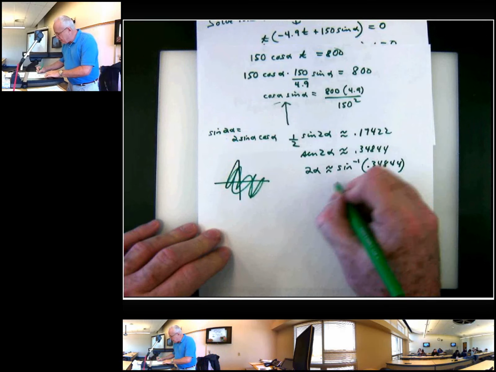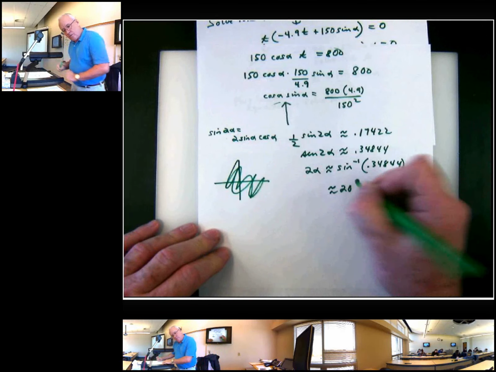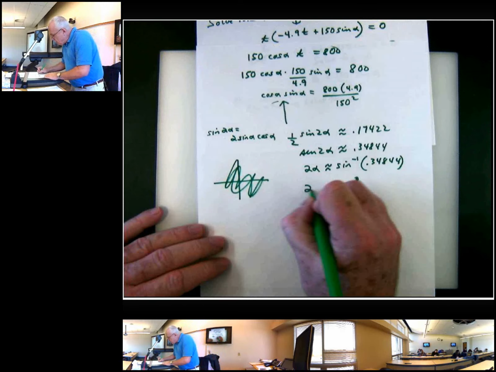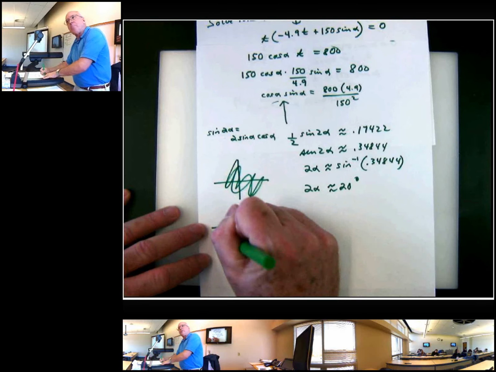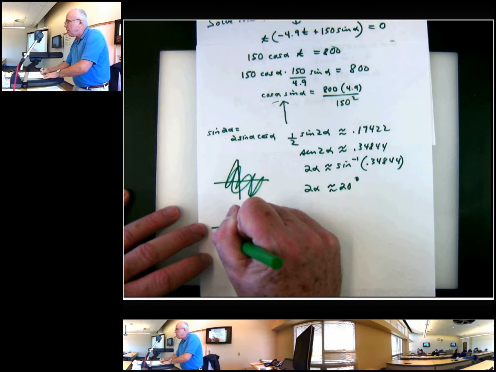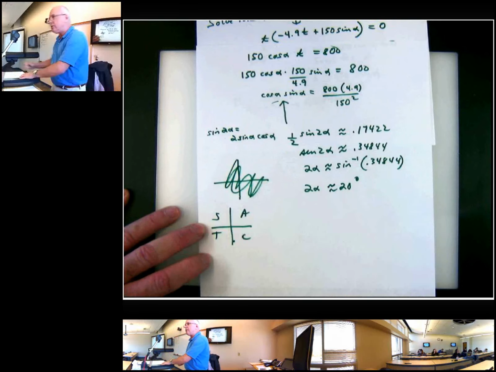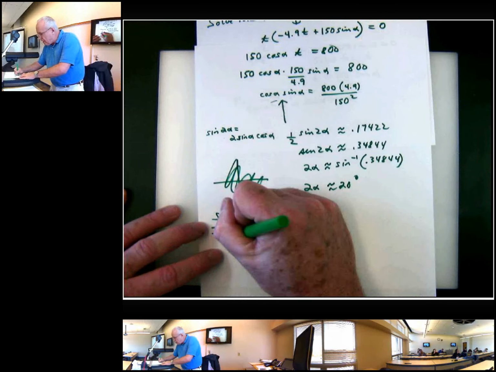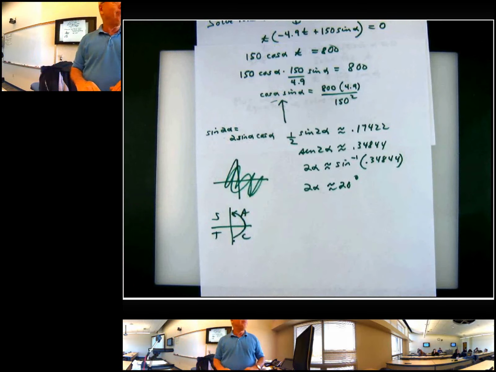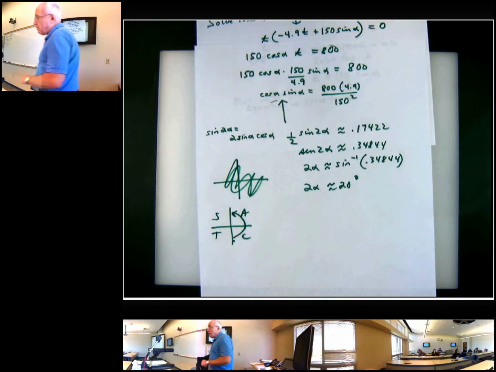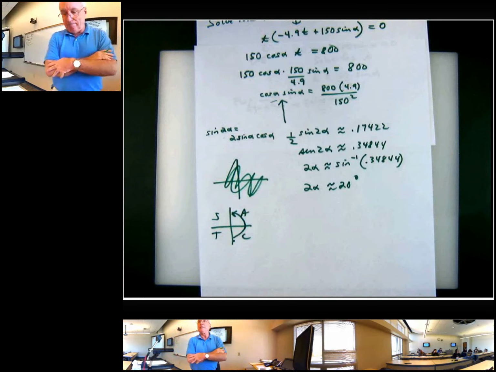This is approximately 20 degrees. Because remember, arc sine is from minus pi over 2 to pi over 2, right? A smart trig class, all students take calculus. So if we work that out on the calculator, that's around 20 degrees.